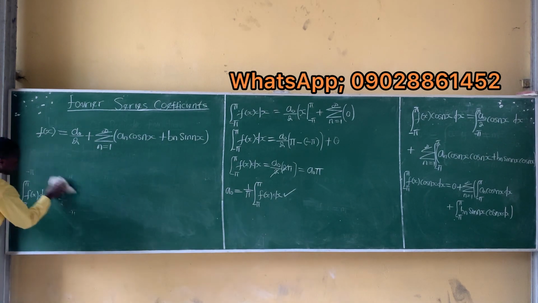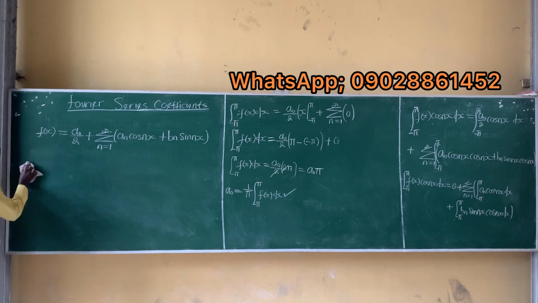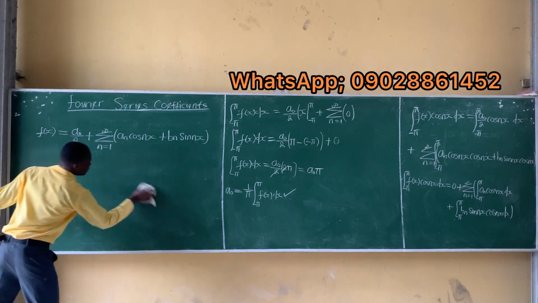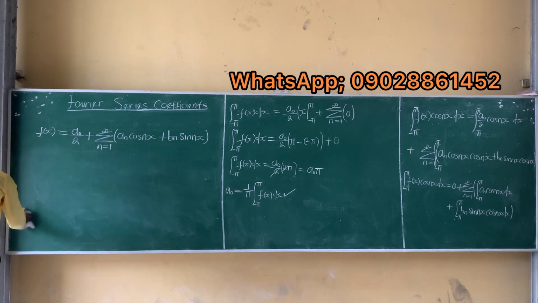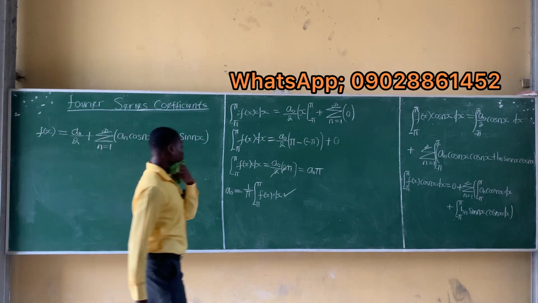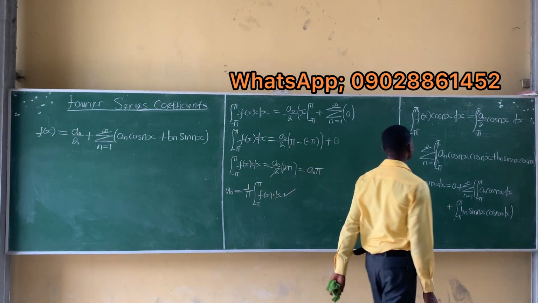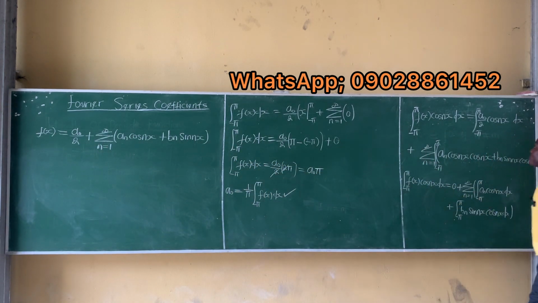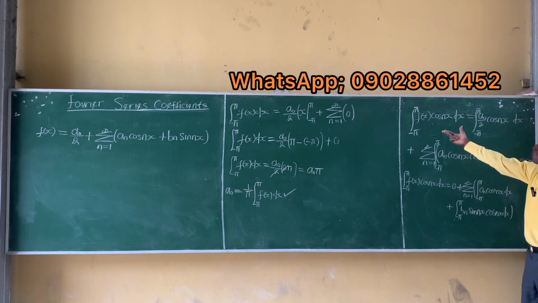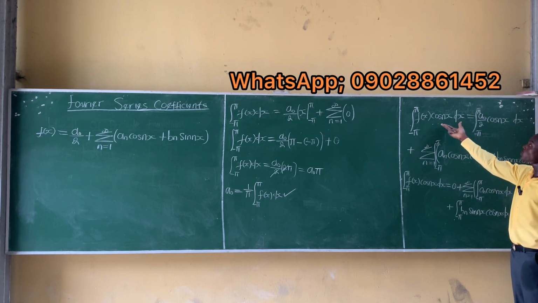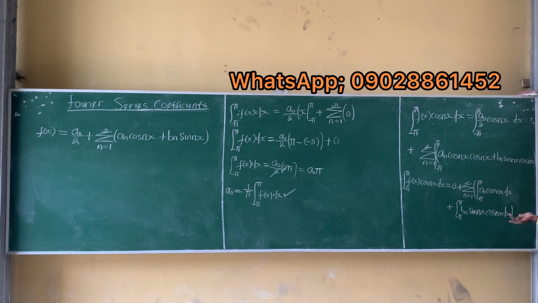So let's integrate that completely. All right. But please take note, you can decide to multiply the function with cos mx. It's still the same thing. If you multiply this function with cos mx, you have cos nx cos mx, and this will give you two answers.